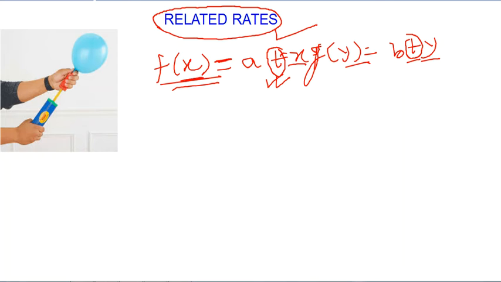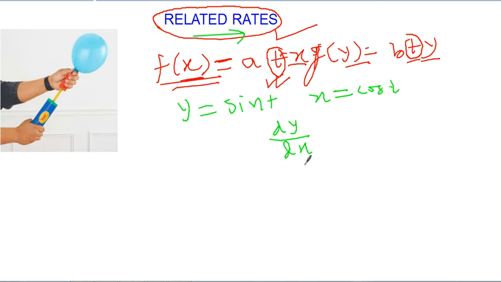Although we have already solved related rate problems, which we have written in the form of parametric equations, like y equals sin t and x equals cos t, then find the value of dy by dx. You might remember this method of solving differentiation problems. This goes to related rate.